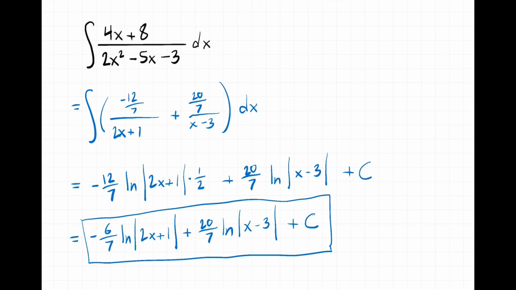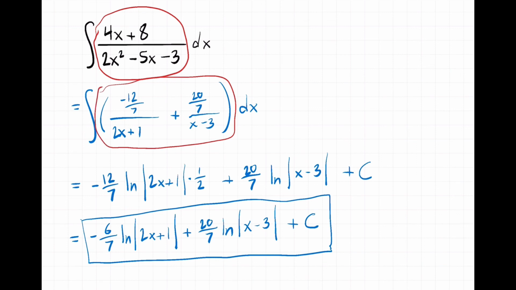So if you're looking at every single little step that we took, this can start to feel very complicated and overwhelming. But it's really not all that complicated. There's two basic things that we did. The first thing was to take this function right in here, our integrand, and rewrite it in an easier form, a form that is a sum of some simpler rational functions using the technique of partial fraction decomposition.